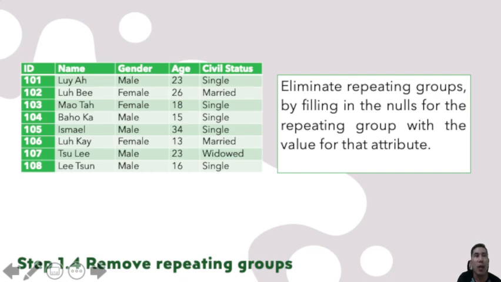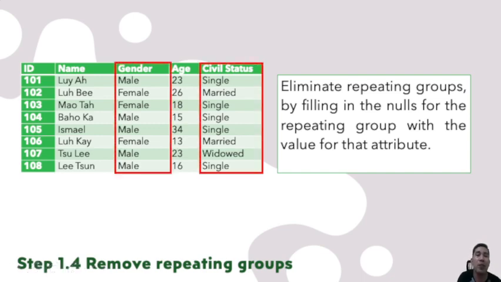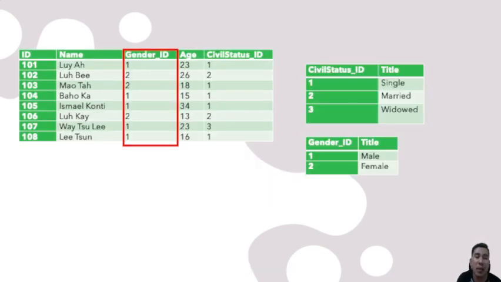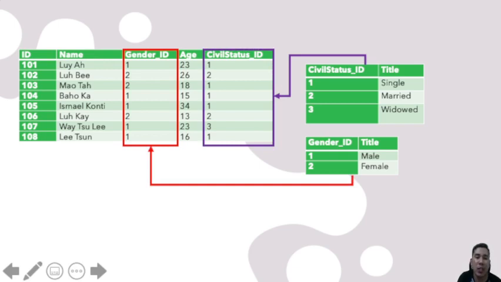So if we want to eliminate the repeating groups in this table, then we'll have to decompose the table into three tables. From here, you are going to create a table civil status that will store only the status, and we are going to create a surrogate key for this one, which is civil status ID. The same thing with our gender ID, where we have only male and female.